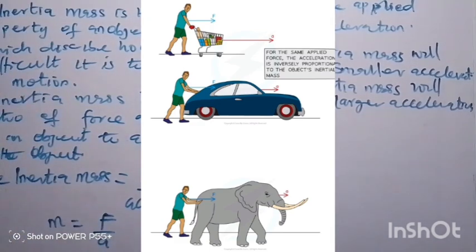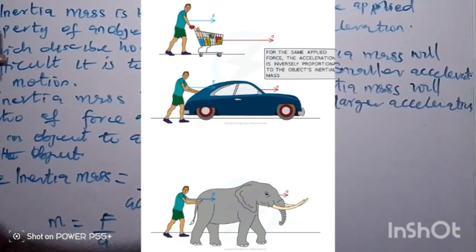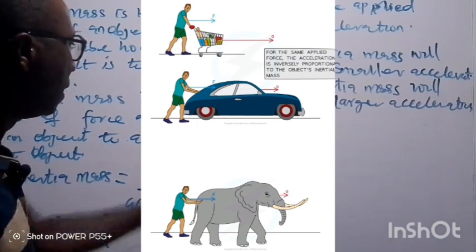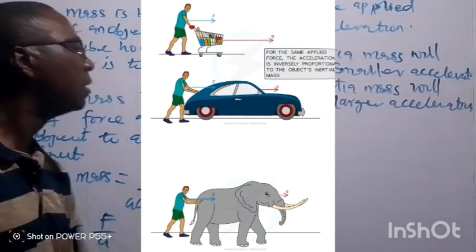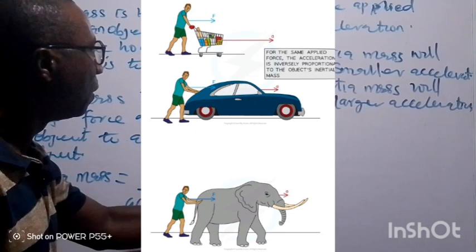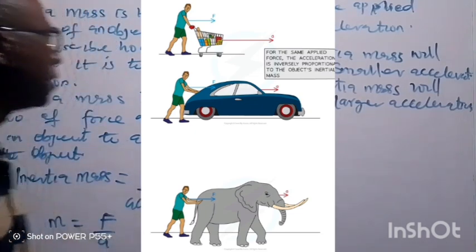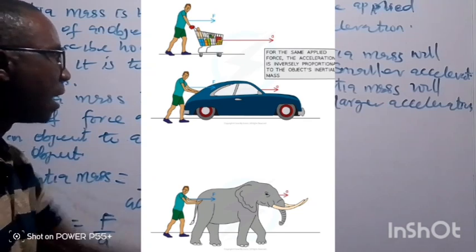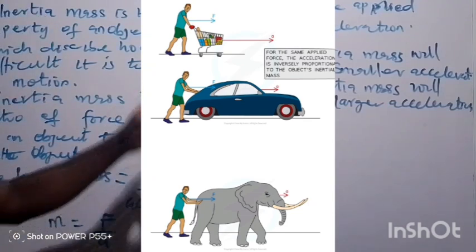According to the two statements, the one with the largest inertial mass is the man pushing the elephant, and that one will have the smallest acceleration, followed by the man pushing the car, and then the man pushing the wheelbarrow.